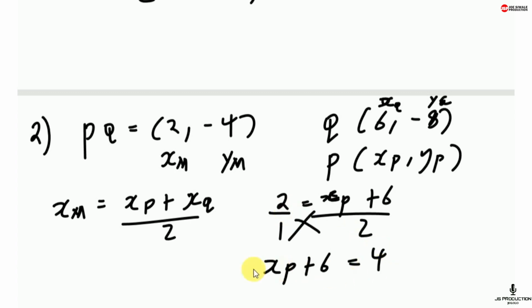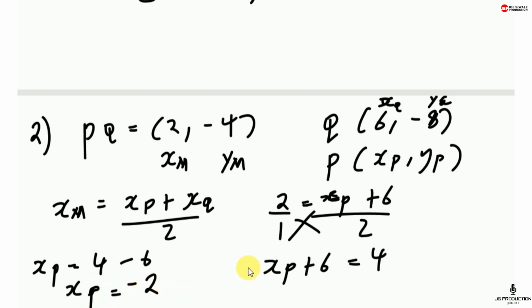So we come this side, so we can collect the like terms there. You can say XP is equal to 4. When 6 goes to the other side of the equation, it's going to be -6. So XP there is equal to 4 minus 6, that's -2. So the coordinate of X for P is -2.